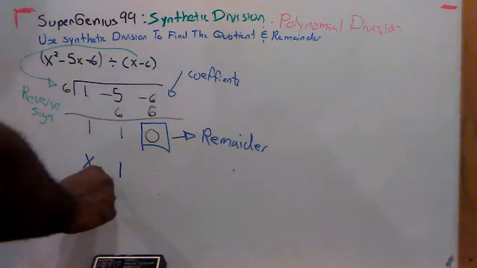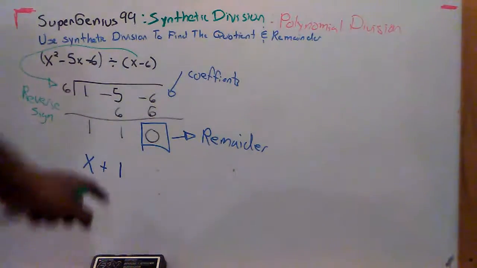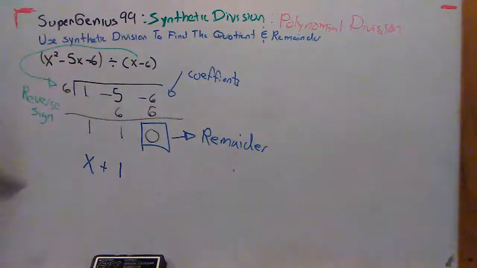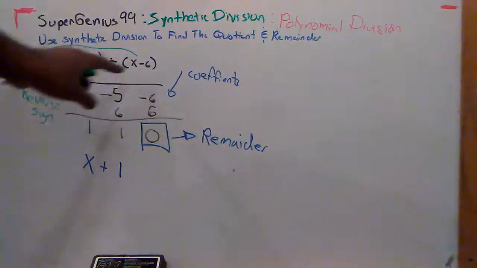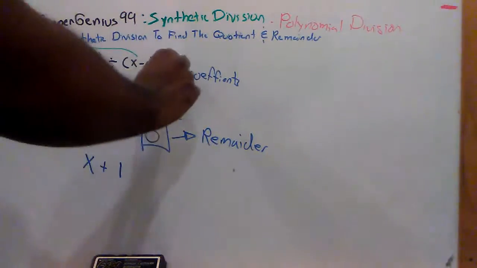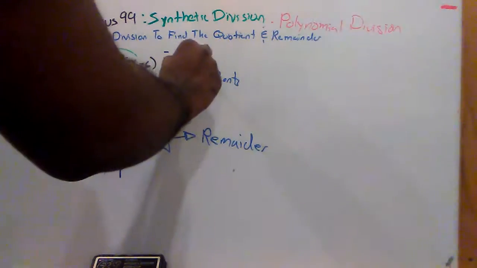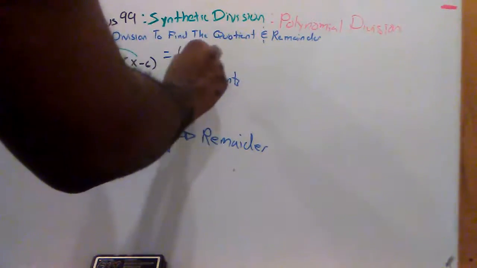So since this is positive, just plus. Our remainder is 0. So then our answer is just x plus 1. And you can, like I said, factor and divide this one just to prove that this divided by this equals x plus 1.